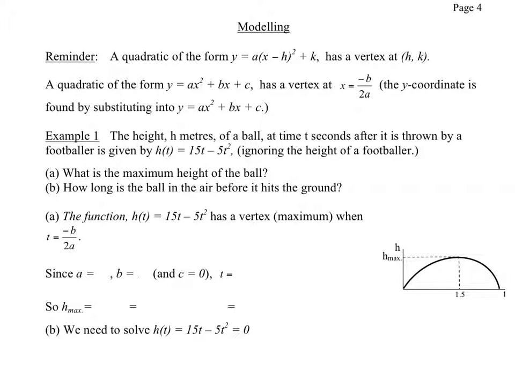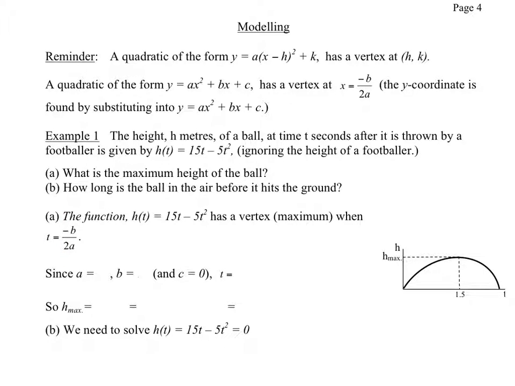Our a is the number multiplying the t squared, just like a was a number multiplying x squared. So our a is negative 5 and our b, the number multiplying the t, is 15. So we've got to take those numbers and plug them into this equation here.